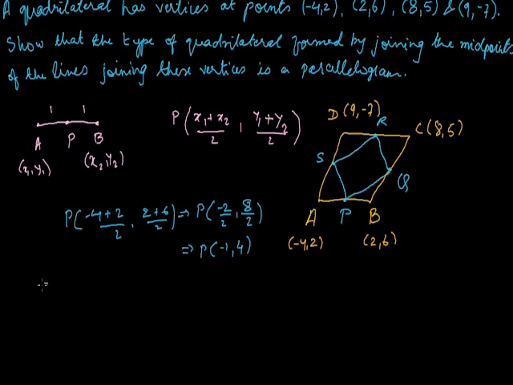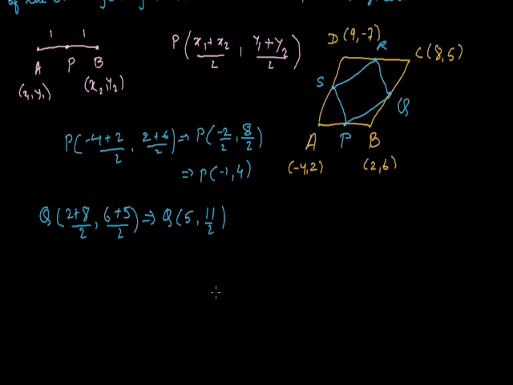Similarly, point Q is the midpoint between B and C. So the coordinates of Q as per our section formula become (2 + 8)/2, (6 + 5)/2, which implies the coordinates of Q to be (5, 11/2).